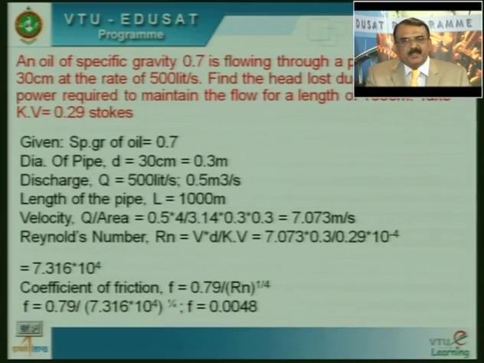Now, in order to calculate the value of this coefficient of friction, there is another formula which is very popular in fluid flow. Kindly recall, in hydrokinematics, you studied about laminar flow, turbulent flow and transitional flow. When do you say that flow is laminar? When do you say the flow is turbulent? And when do you say the flow is transitional?